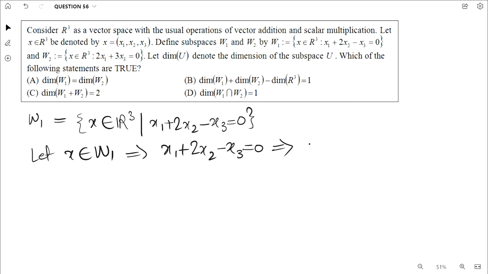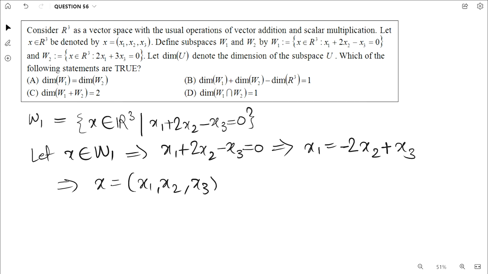So we can write x1 as twice x2 plus x3. If we assume x2 and x3 as free variables, then we can write x1 in terms of x2 and x3. So x equals (x1, x2, x3), and x1 is twice x2 plus x3, the second coordinate is x2 and the third is x3.